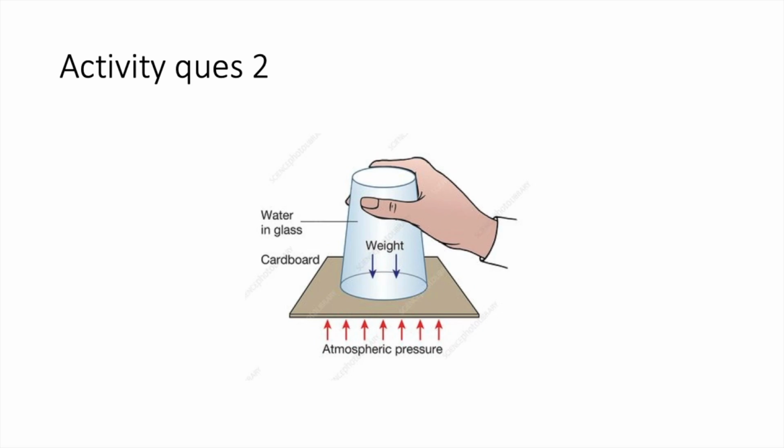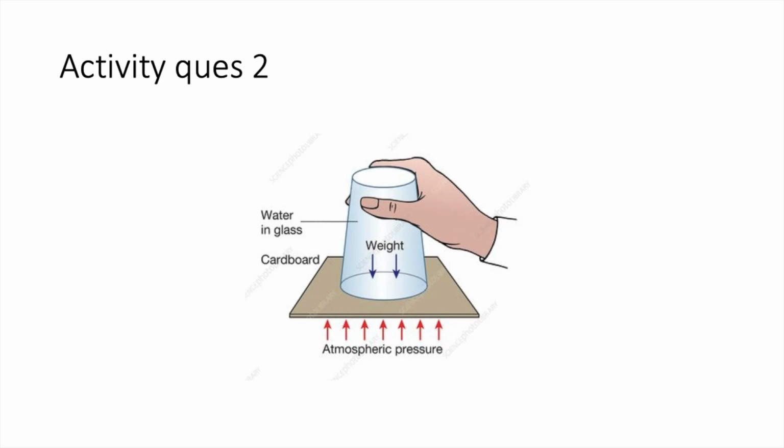And from above, from inside the glass, the weight of the water exerts its pressure, which is around 1 Newton only under gravity, quite negligible as compared to atmospheric pressure. Thus, the pressure of water is very less than the pressure of atmosphere. This helps the card keep sticking to the glass without falling off due to gravity. The pressure from below the card is greater than the pressure of the weight of water inside the glass.